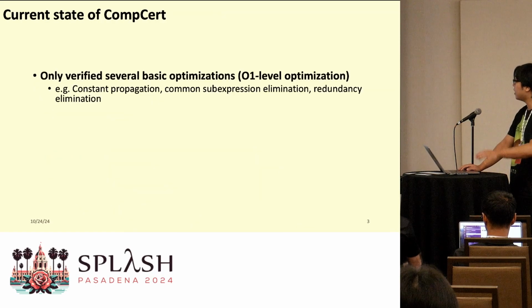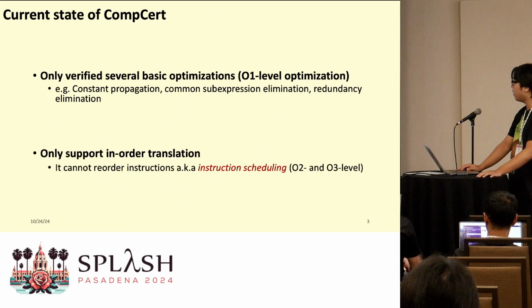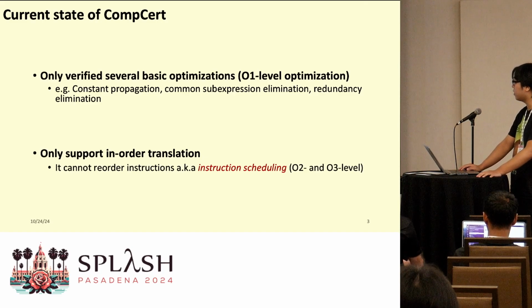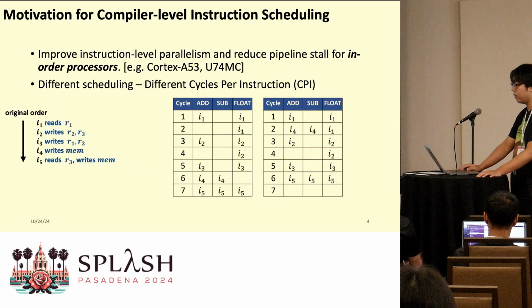The current state of CompCert is not yet perfect. I think one of the most important problems is that it cannot reorder the instructions. That means you can only do in-order translations, but not out-of-order translations. This is also called instruction scheduling.